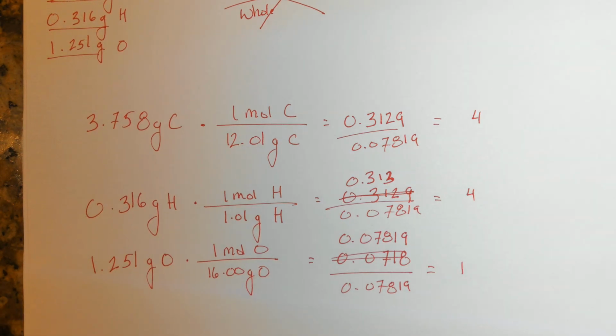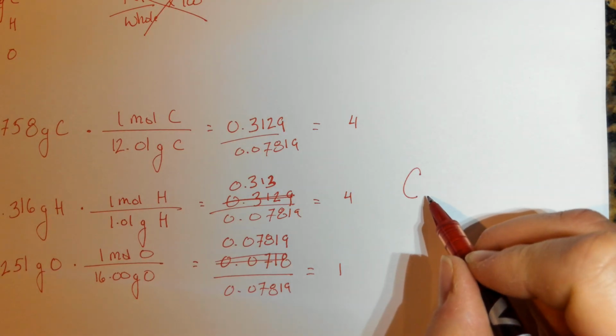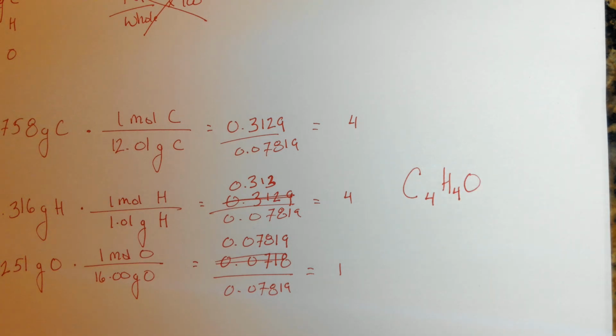My ratio here that I calculated was about 4 to 4 to 1. And so the empirical formula of methyl benzoate is going to be C4H4O. How'd you do? Bet you did pretty well.